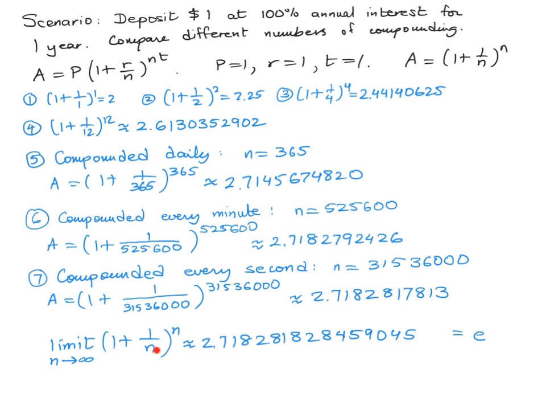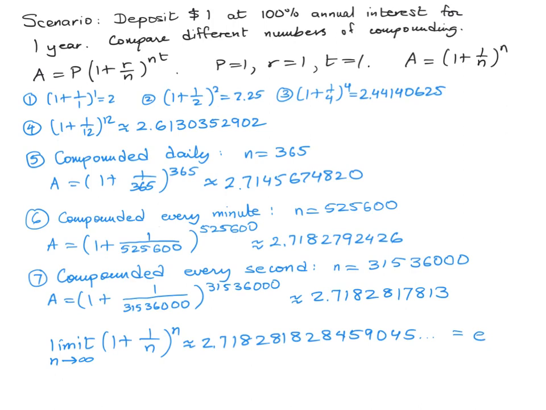So if you were able to do this for very, very large numbers of n, you would end up with something like this, 2.71828182845945, and it actually keeps going, and we call that number e, the lowercase e.